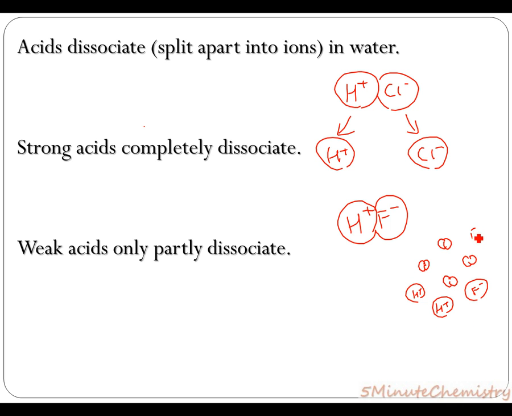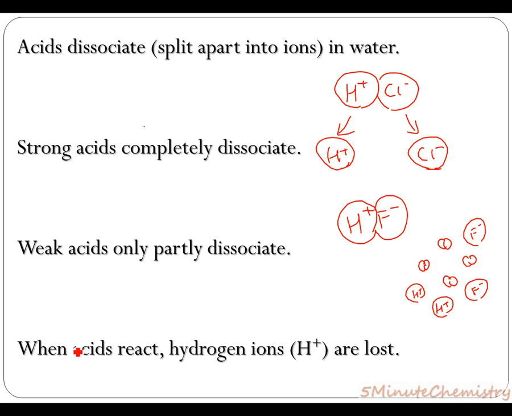So in these solutions you'll have hydrogen, fluoride ions, and HF molecules. Whereas in strong acids, as soon as they get into water, they're going to split and you'll only have hydrogen and chloride. You won't have any HCl's left over.